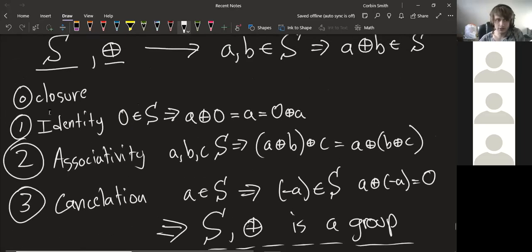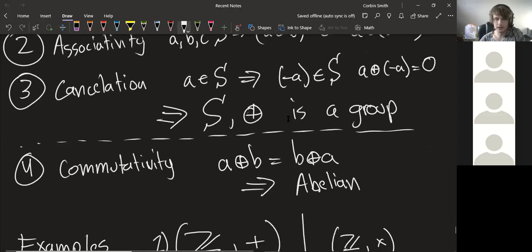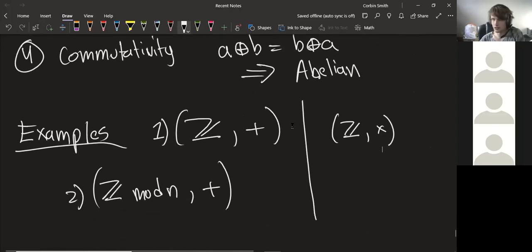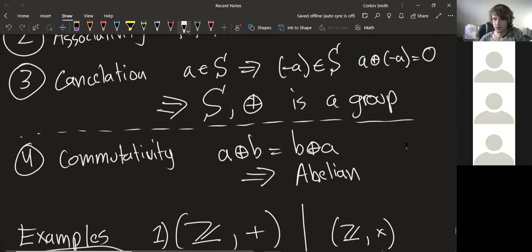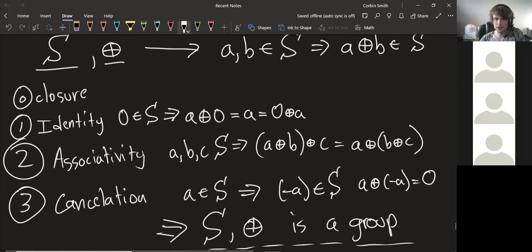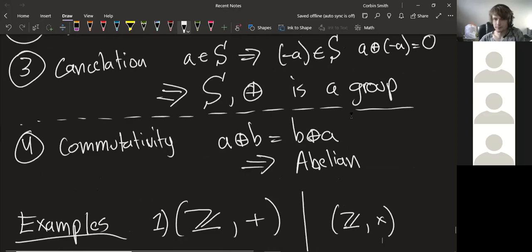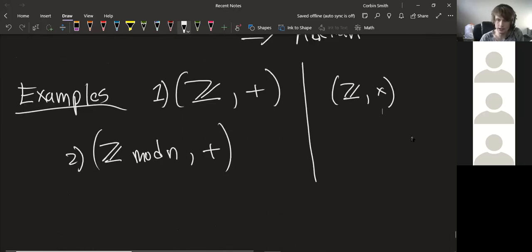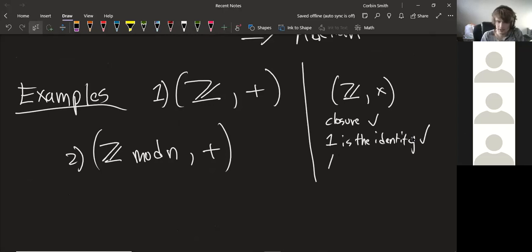We can multiply two integers and get an integer. So in this case, we have closure. We have 1 is the identity. Check. And we have associativity.